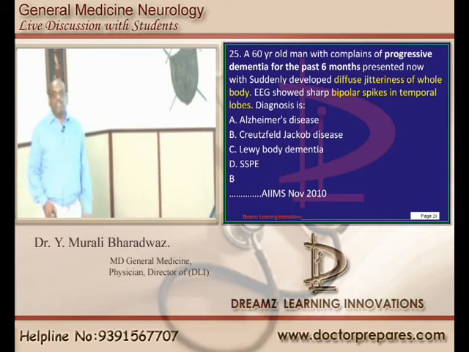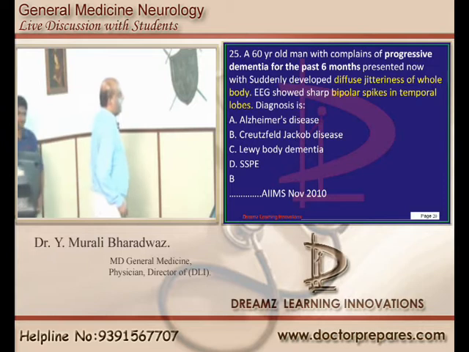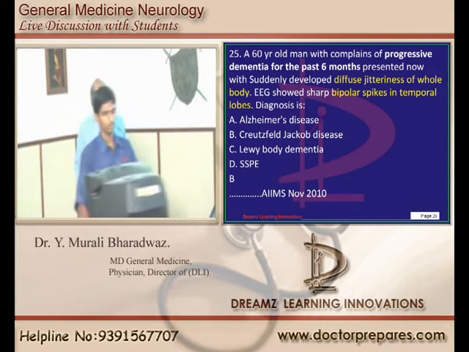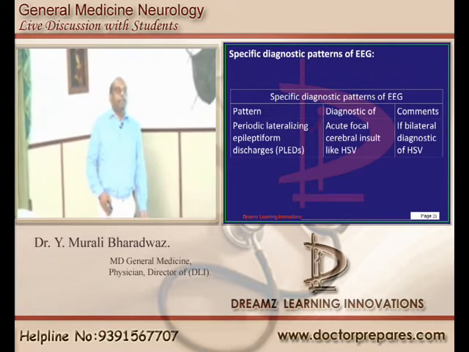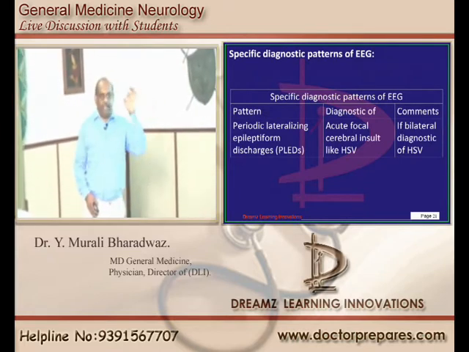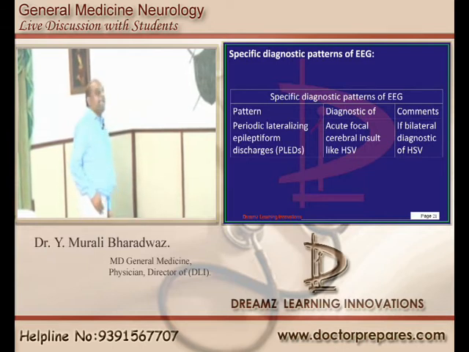If it is HSV, herpes simplex virus encephalitis, how does it basically present? Typically, if there is HSV encephalitis, periodic lateralizing epileptic discharges, they are called PLEDs, is what you come across in HSV encephalitis.